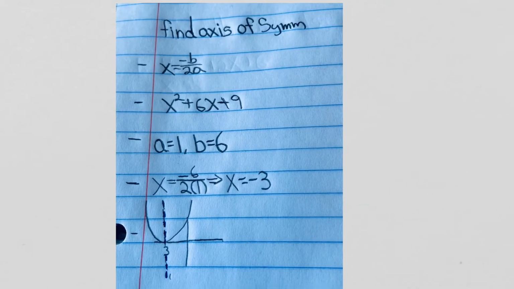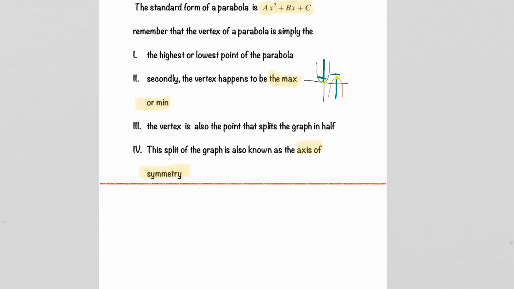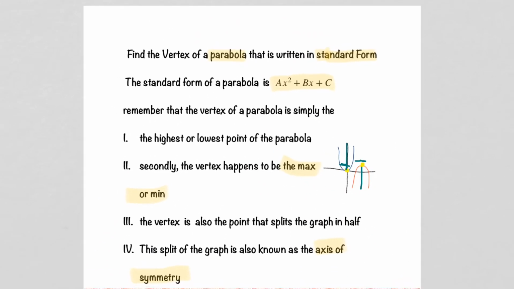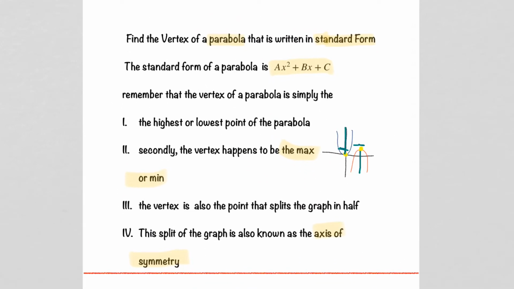So let's look at one. Remember, when we're trying to find the axis of symmetry, we don't have to first use the vertex formula, negative b divided by 2a, and plug it back in to find your y value.